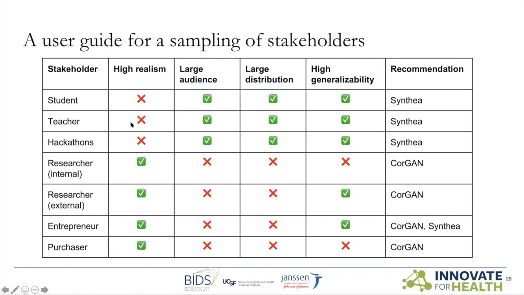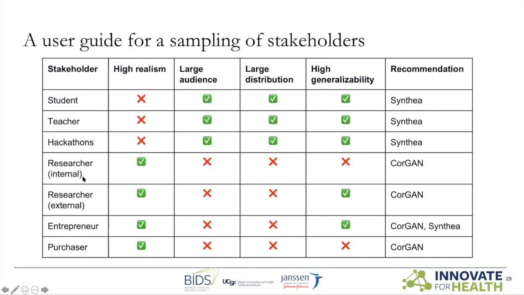High realism is perhaps in these scenarios less important than just being able to have high generalizability and being able to distribute. So in this case, Synthea might be a better option just because there is not so much of a dependence on high realism, and you wouldn't have to worry so much about any privacy or regulatory constraints on the data set.